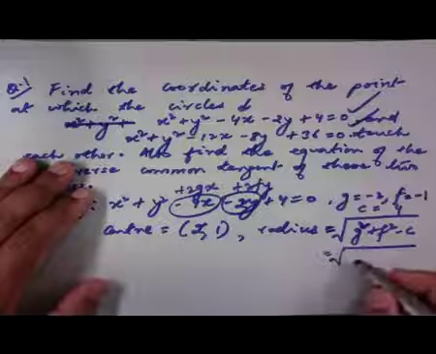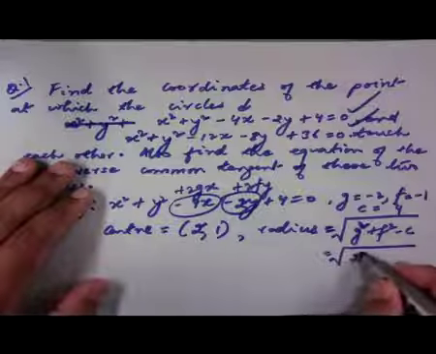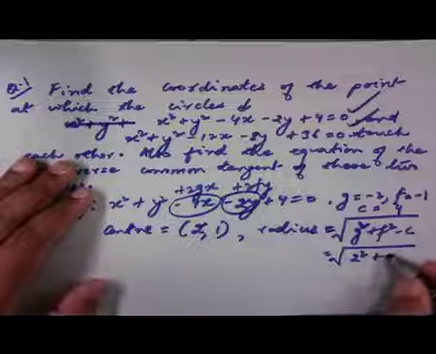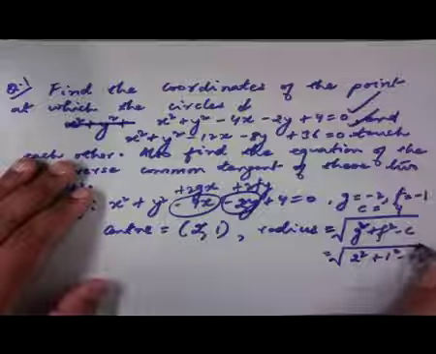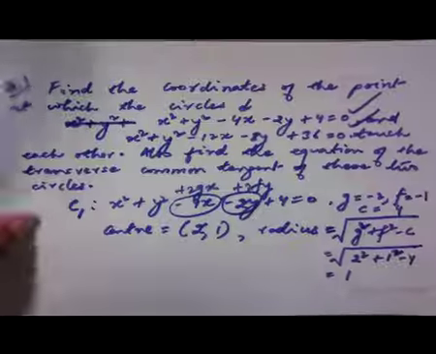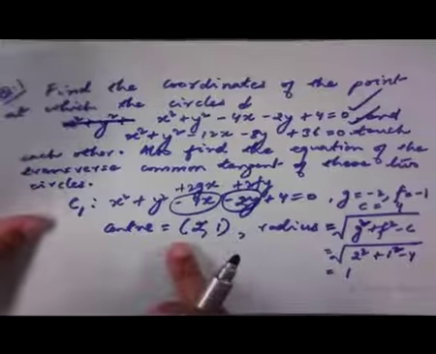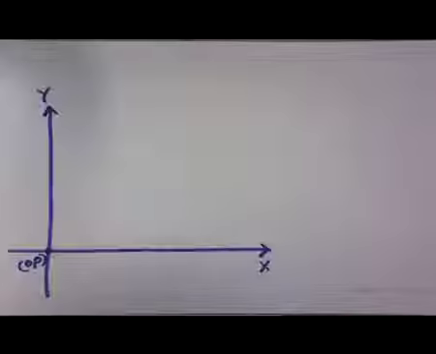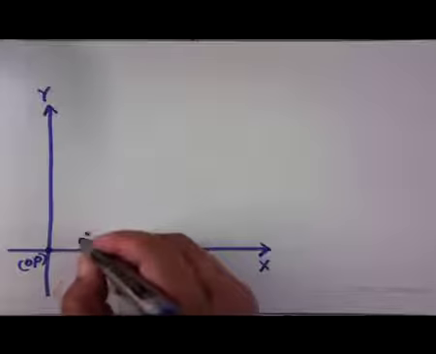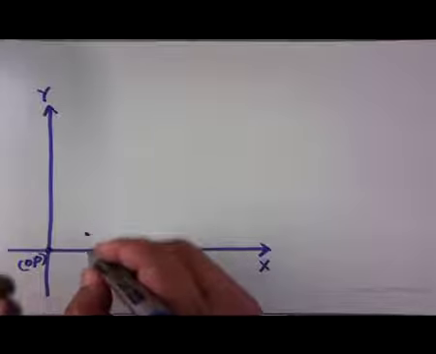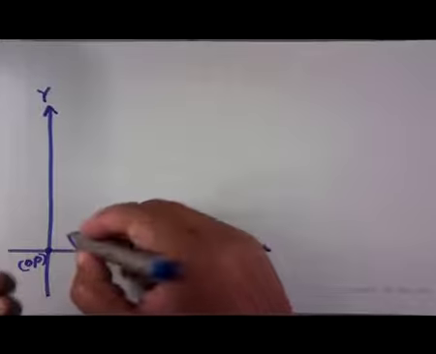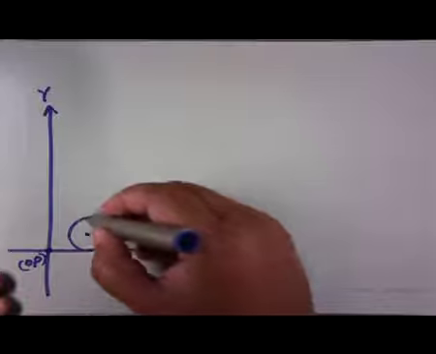So, this will be minus 2 whole square, which is same as 2 square, plus 1 square minus 4. This will come out to be 1. Given the center and radius, we can plot the first circle. The center is over here and the radius is 1, so the circle will appear something like this.